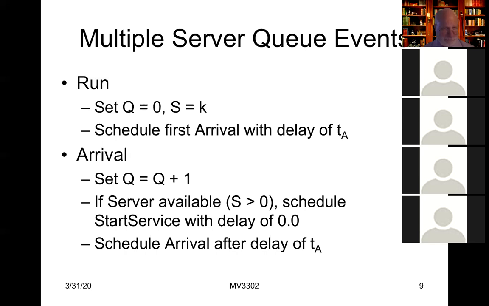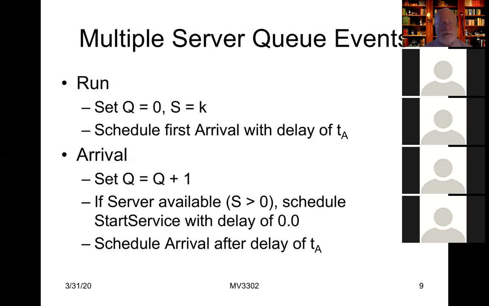Now the thing is that if we show up and a server is available, then we can actually schedule the start service. We're going to schedule that with a delay of 0. You may be thinking, well, it takes a certain amount of time to get from the queue to the server. That's true, but for the purposes of this model, we're just going to treat that as 0.